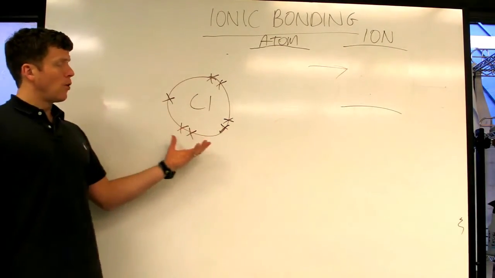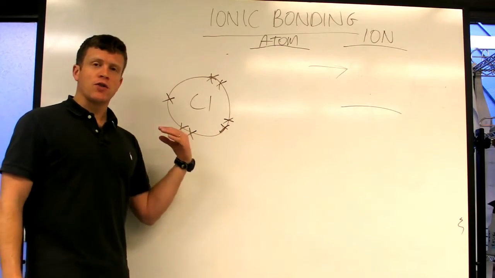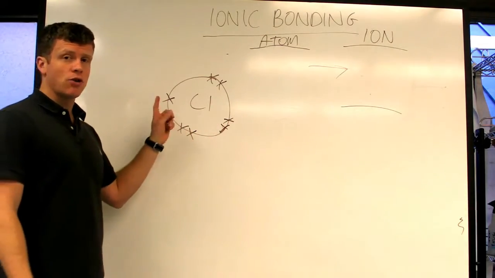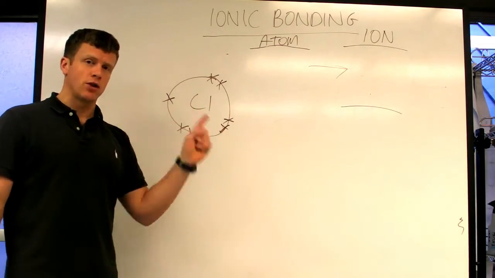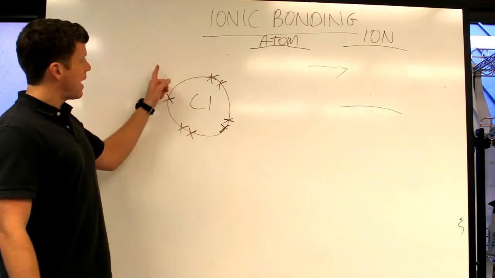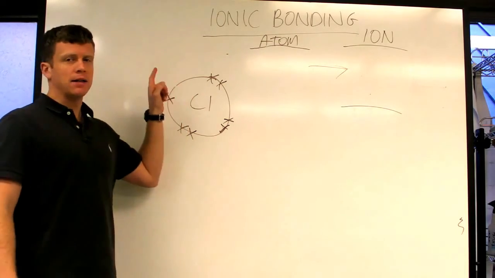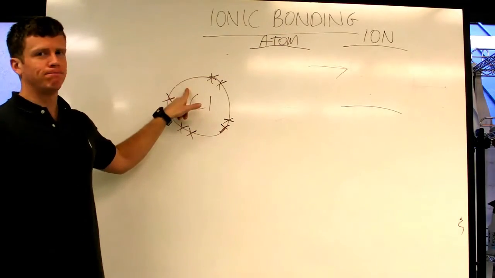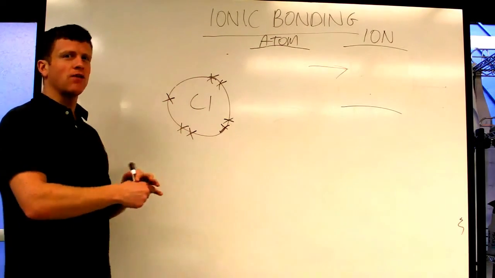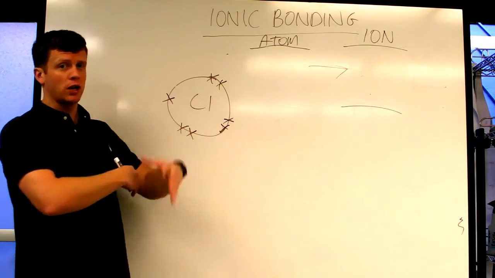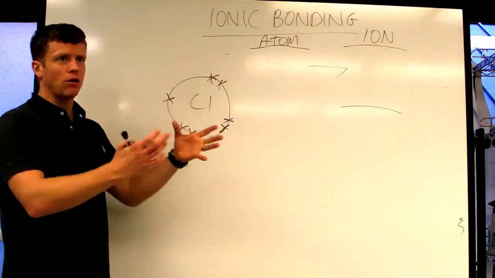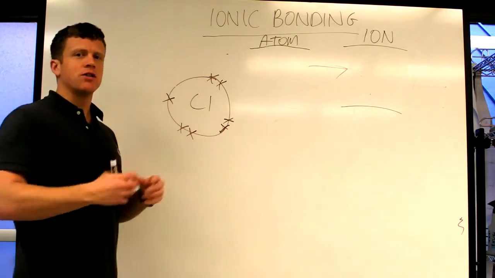Chlorine has different options. It can share an electron or covalently bond, which we've studied a lot, or it can gain 1 electron and fill its shell that way. So you might start to notice that if something like lithium can lose 1 electron and chlorine can gain 1, how these things are starting to come together.